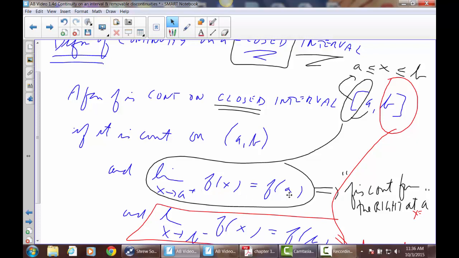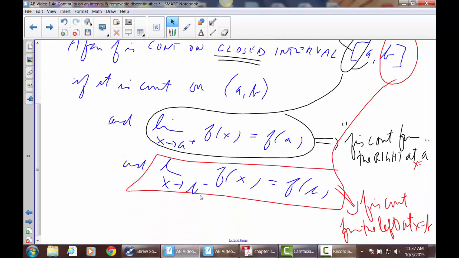There'll be a filled in dot at the place where your limit is approaching a from the right. Similarly, this square bracket around this b means that f of b will equal the limit as x approaches b from the left, and we call that continuous from the left.